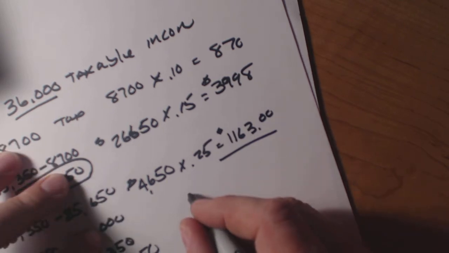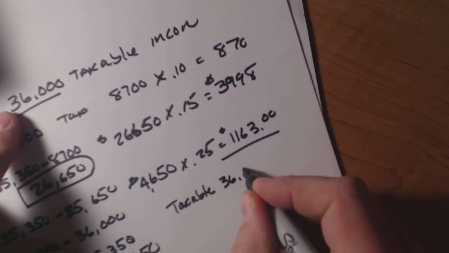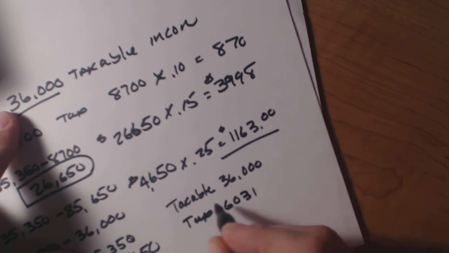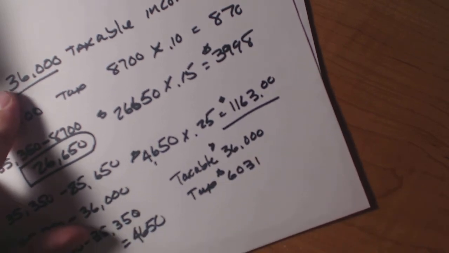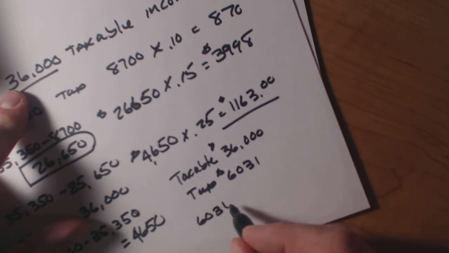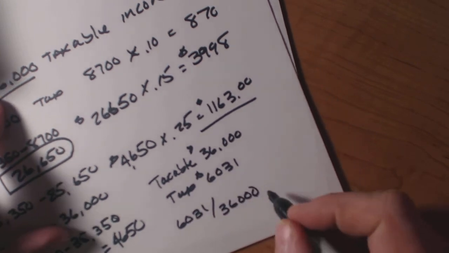So the taxable income was 36,000. His total tax is 6,031. To get the average tax, 6,031 divided by 36,000, what you pay over what you started with.